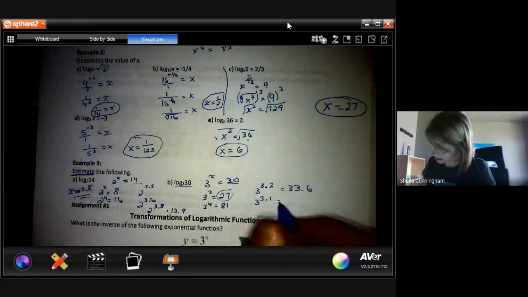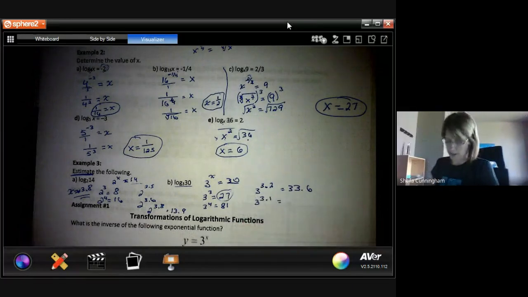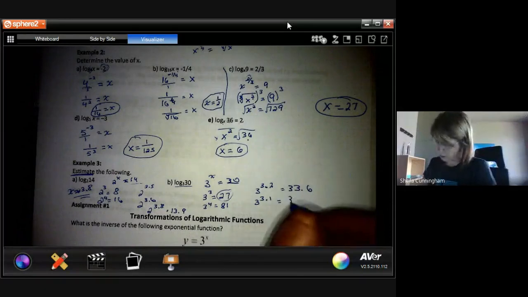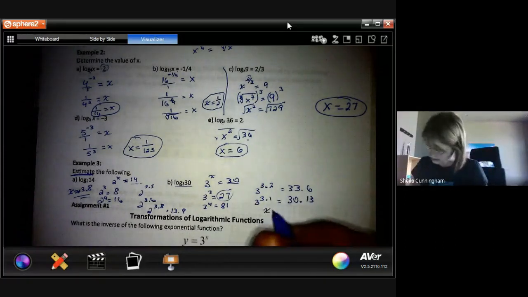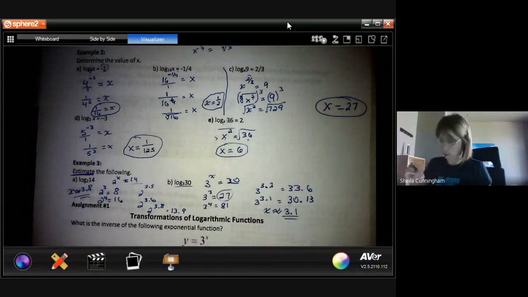So let's try 3 to the power of 3.1. And there I'm sitting at 30.13. So to me, because it's an estimation again, I'm not looking for exact, I'm going to say that x is roughly 3.1 as my exponent. That's going to get me pretty close to that 30 as a resulting answer.